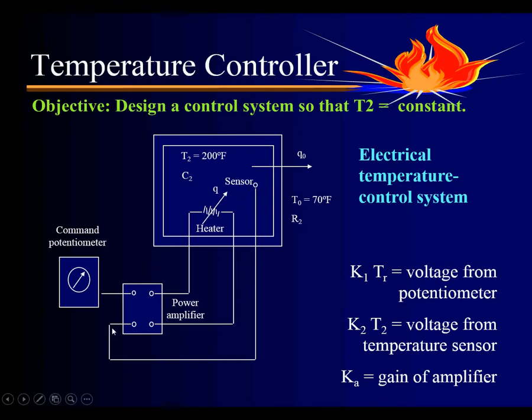You do this thing again. Compare the set point with what you're getting and adjust the temperature, meaning the oven will go on or go off depending on what it needs.